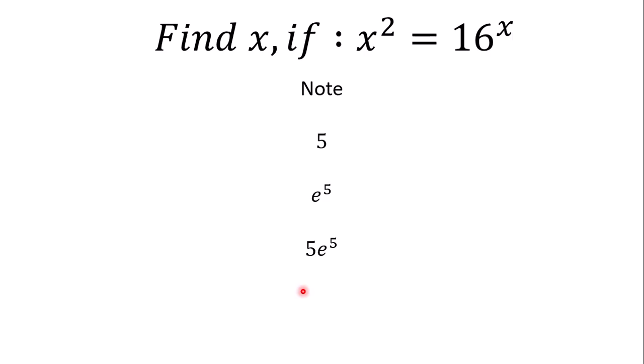The short form of the Lambert W function is capital W, not small w, capital W. Normally when it's in equation form, we take W of both sides, but here you're just going to take W of this, and after taking W of this, you're just going to get our 5 back.